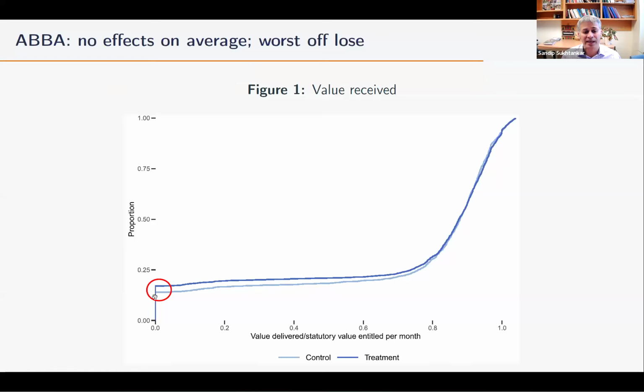So that means that they were excluded, especially those who were the worst off. Okay, and so on average there was no change in leakage. So leakage didn't go down. No change in benefit delivery for the average person, but for the worst off, a few people lost their benefits. So far, that's not very good.